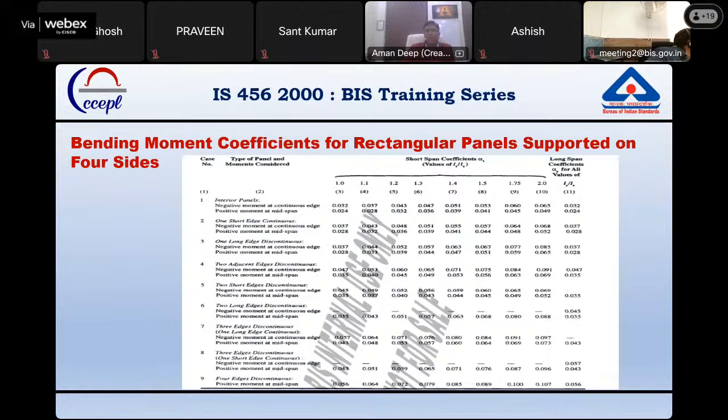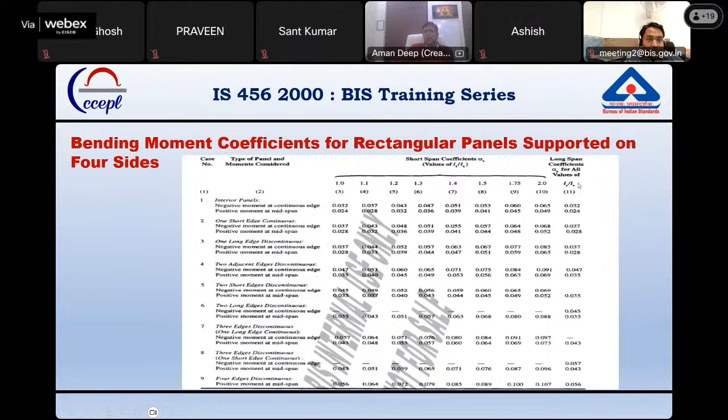So if the short span coefficient alpha x is given in this main table, if the ratio is 1, it means both sides of the slab are the same. If the larger span to smaller span ratio is 1.1, then we have to consider this other column, and so on. And when the larger span to shorter span ratio becomes 2 or more, it becomes a one-way slab. So for all those, that value has to be considered.